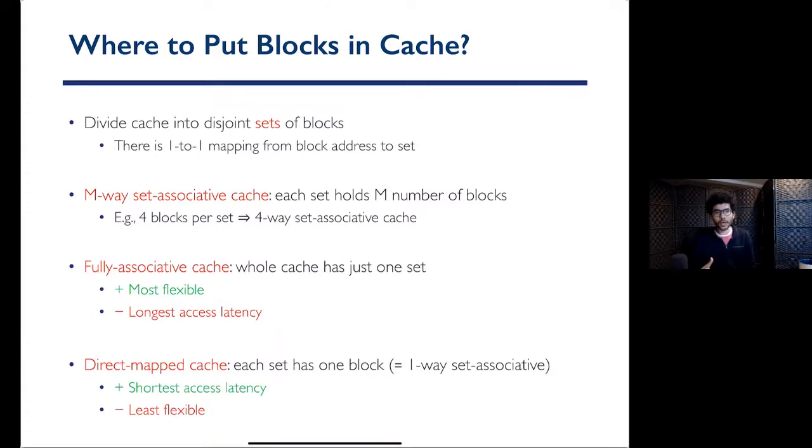That means I need more hardware logic to do this checking, so I'm going to have a slower cache. With a direct map cache, I don't need much hardware because I only need to check a single byte to see if my data is there. So it's less flexible, but a lot faster.